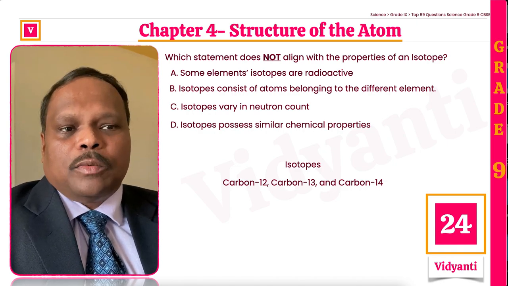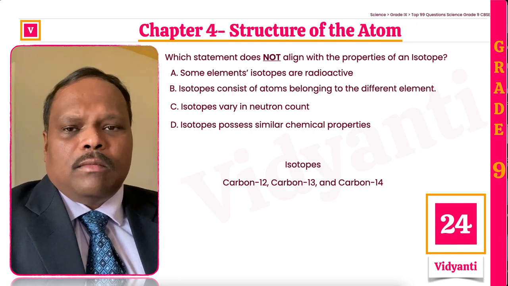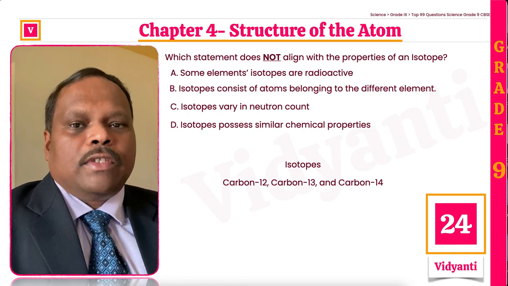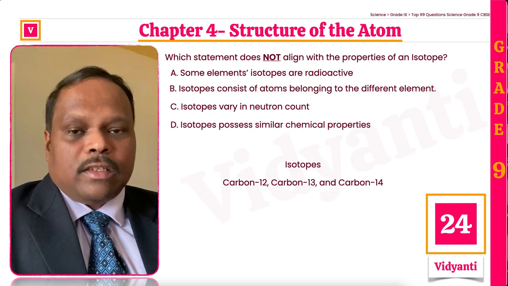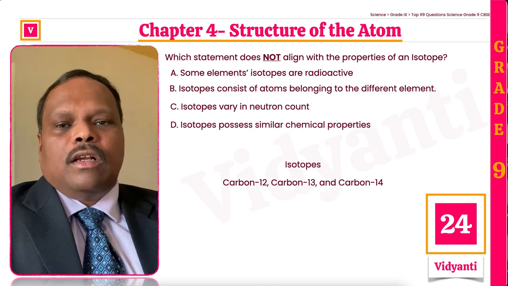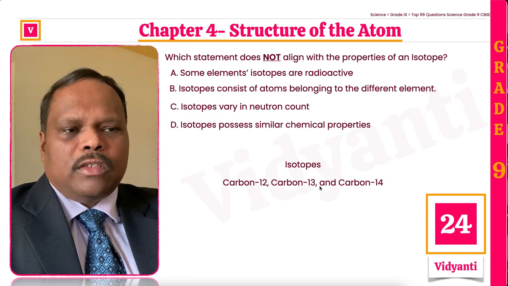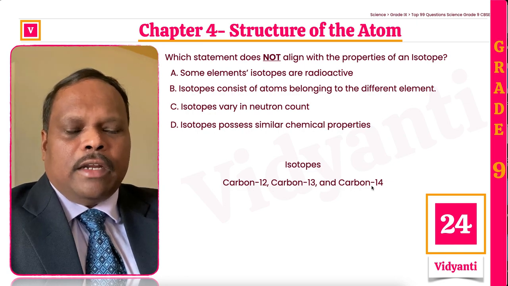So here the isotopes are C12, C13, C14, all corresponding to the same element, and all will have the same atomic number, which is 6 in the case of carbon. However, this will have 6 neutrons, this will have 7, this will have 8.